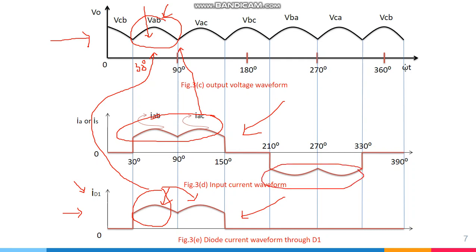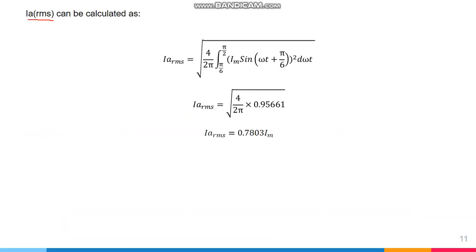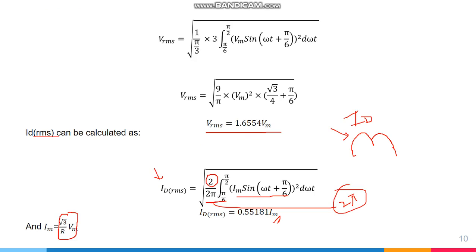So our area should be 4 times the area of this VAB. So for that, the factor of 4 is being multiplied, and the time period again is 2 pi. So overall the result that we will get is 0.78031 Im, and Im again is equal to under root 3 by R Vm.